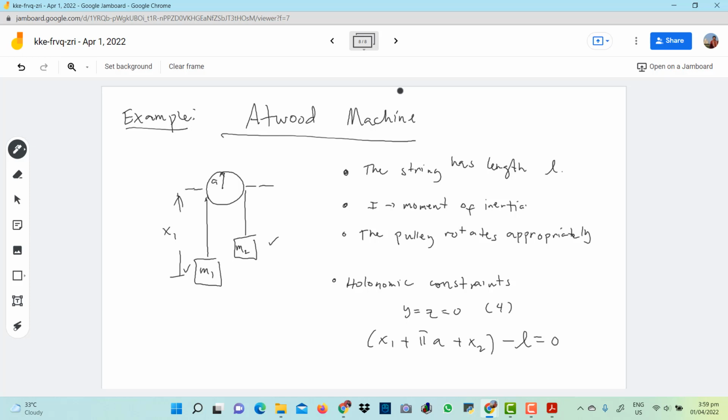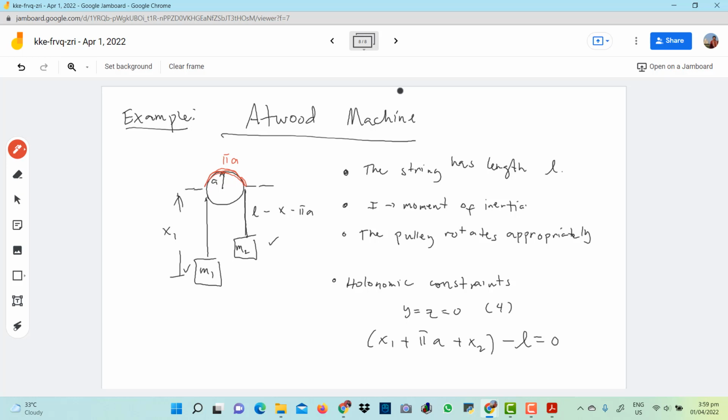If this is x1 and the length of the string is L, then the length of this part is L minus x1, minus pi a. Where does pi a come from? Pi a is the semicircle circumference, the length of the arc, which is equal to pi times a. Take note the length of the string is L.